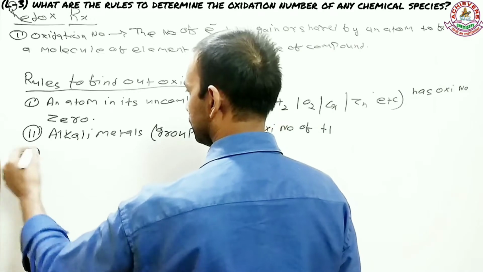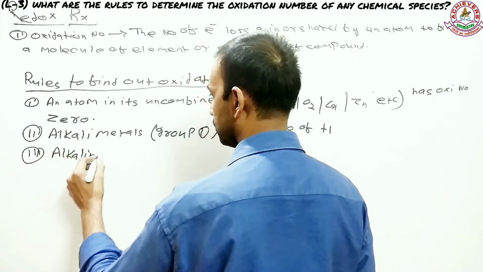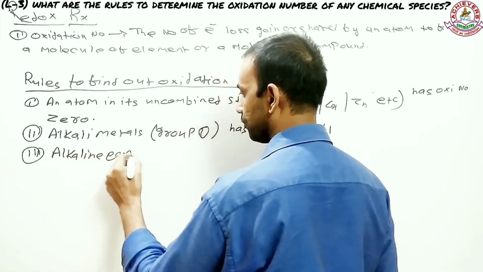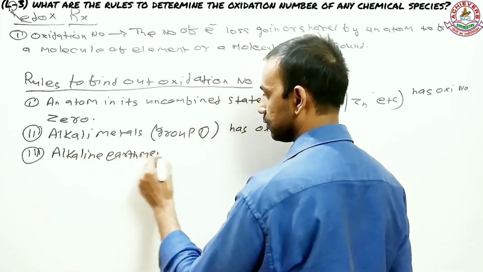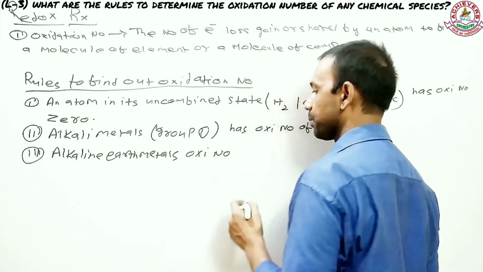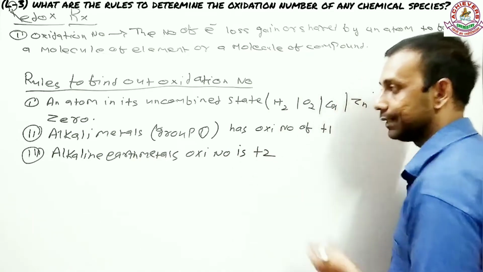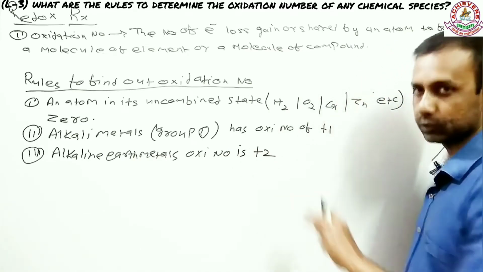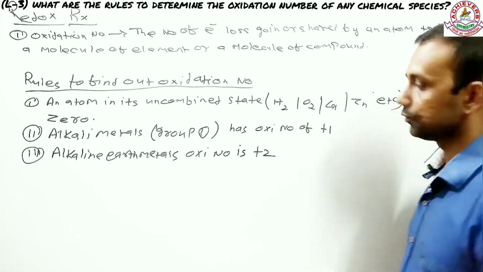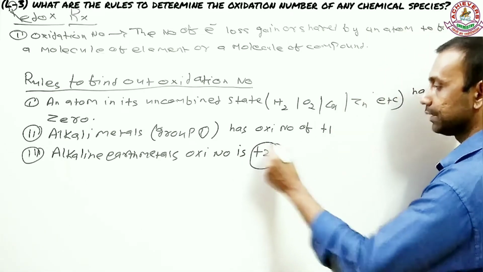Third rule, alkaline earth metals: the oxidation number is +2. That's fixed, so you don't have to worry about any change. So alkaline earth metals have +2 and alkali metals have +1.